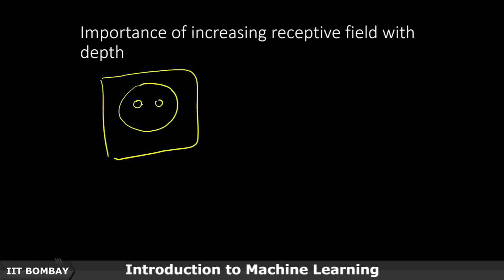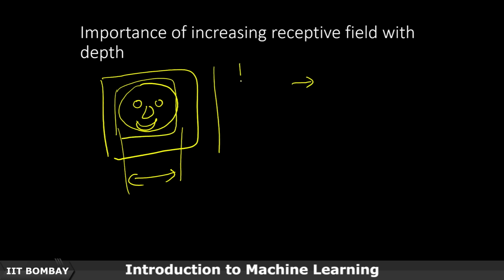But if we want to detect a complete face, or do face recognition, then the number of pixels could be much larger than what a kernel can look at. So we need to have outputs that are affected by a large area of the image.